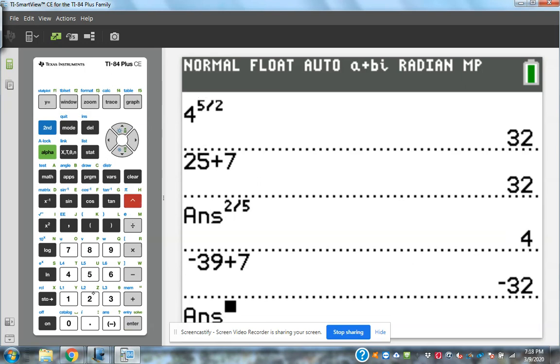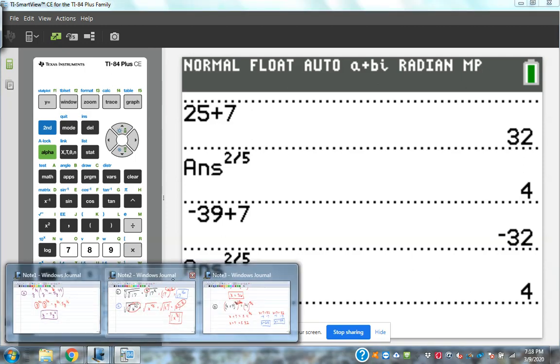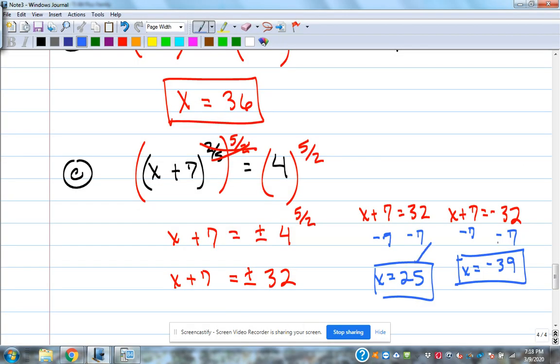Raise that to the 2/5. I got 4. Both of those worked. Very different numbers. One of them is a pretty big negative. So that both checked, though. I'm still checking my solutions to make sure that they work in the original problem. Always want to check to make sure.